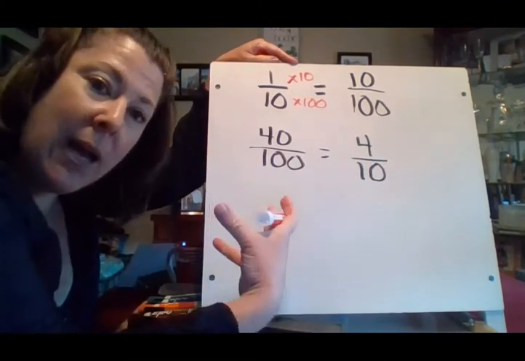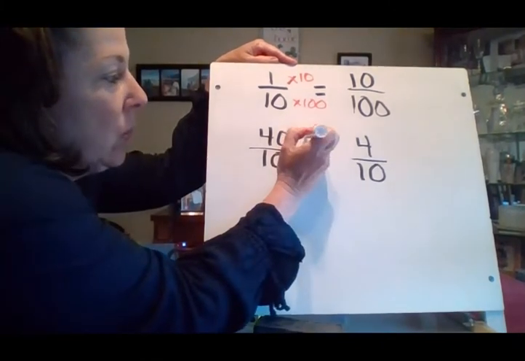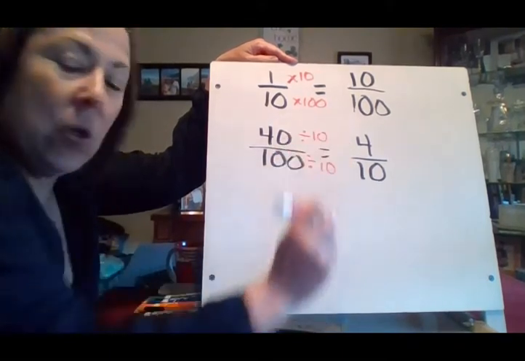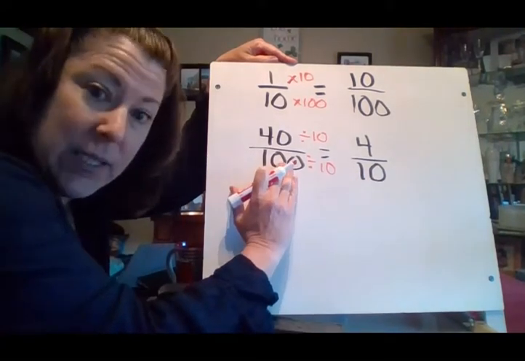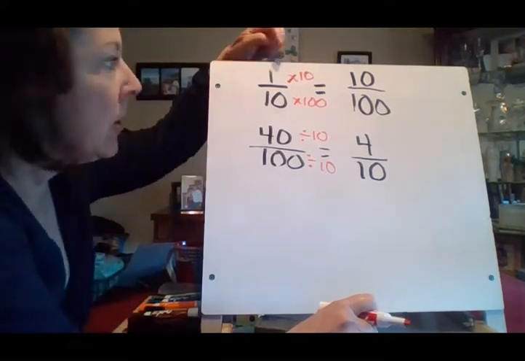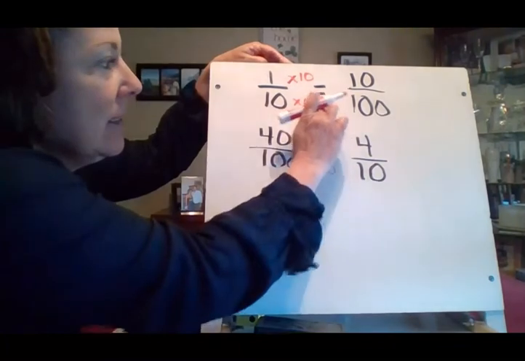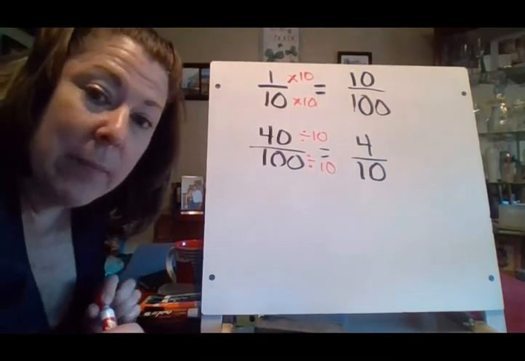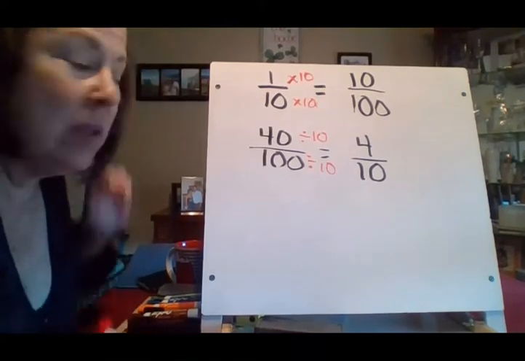But then we also went the opposite way. 40 hundredths, and we put those hundredths together and put them into 4 groups of 10. 1 times 10 is 10. 10 times 10 is 100. 40 divided by 10 is 4. 100 divided by 10 is 10.